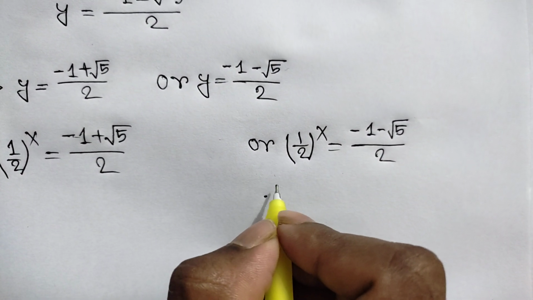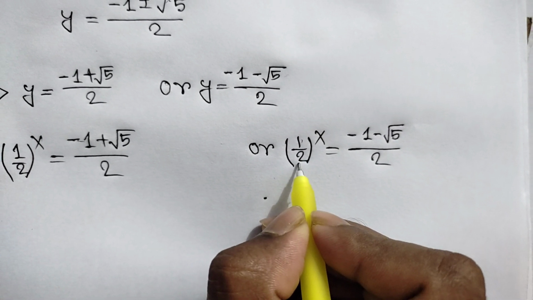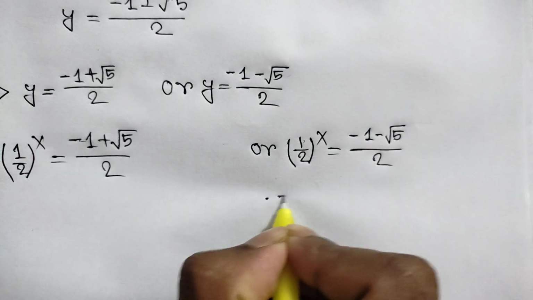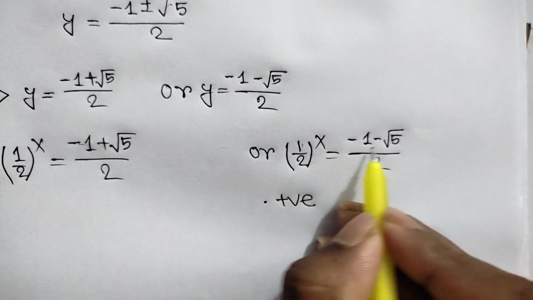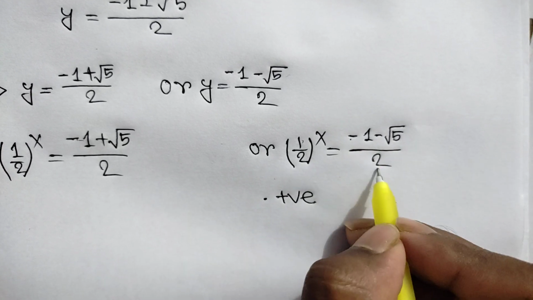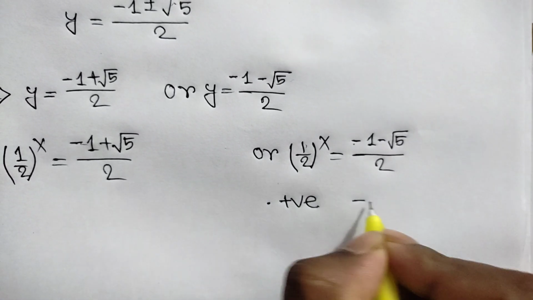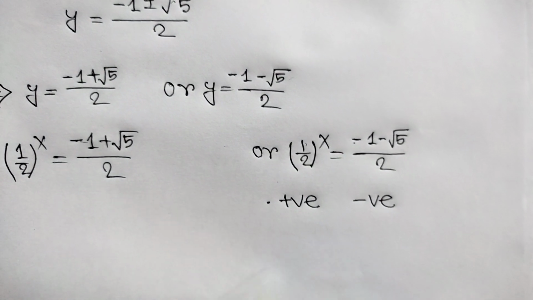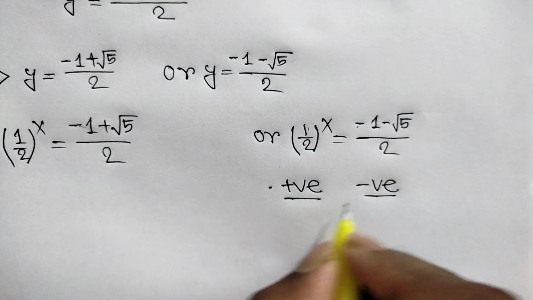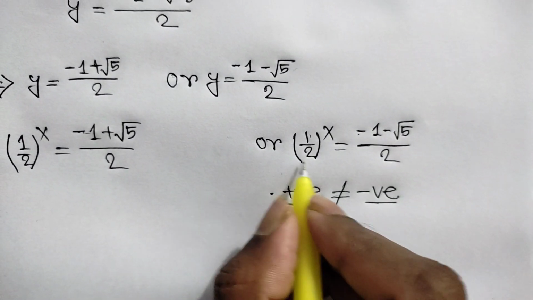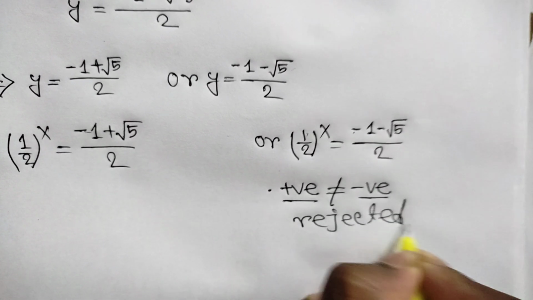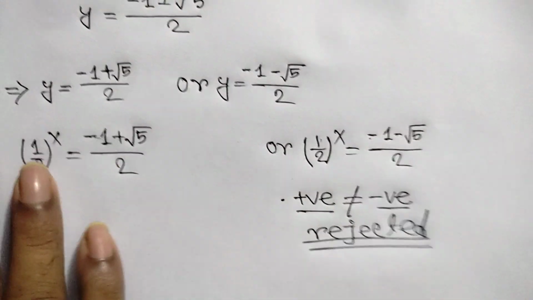Now here we can see 1 over 2 power x, any power of a positive number, is positive, but negative 1 minus square root of 5 over 2 is negative, so positive cannot equal negative, so it is rejected.